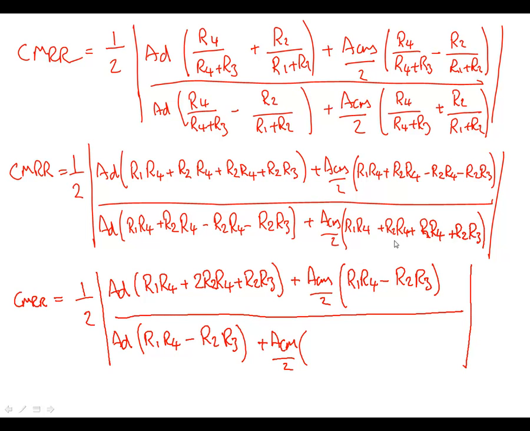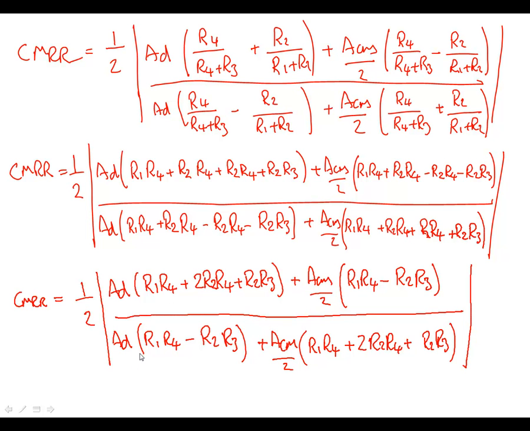If we look at the denominator here, R2 R4 are going to sum together, so it's like the numerator over here. We effectively have R1 R4 plus 2 R2 R4 plus R2 R3. So we've actually got a slightly simplified equation now.